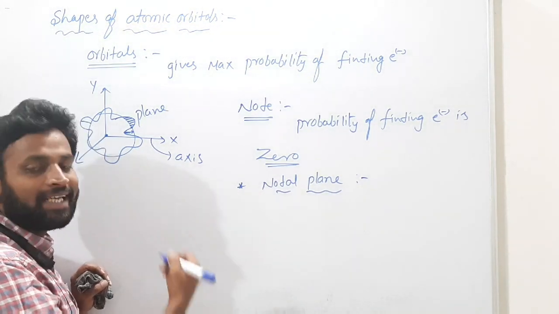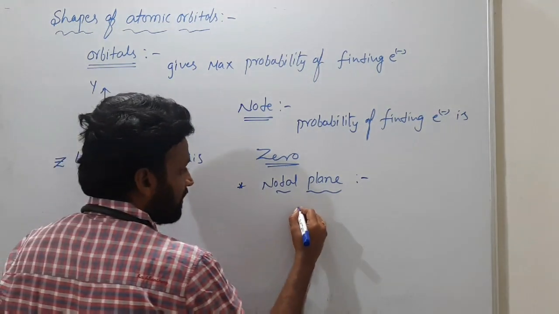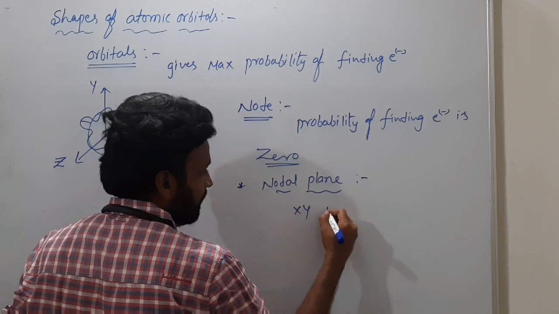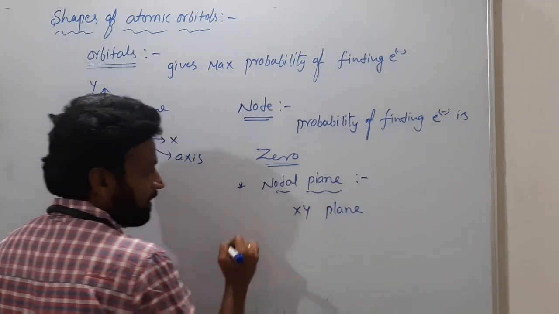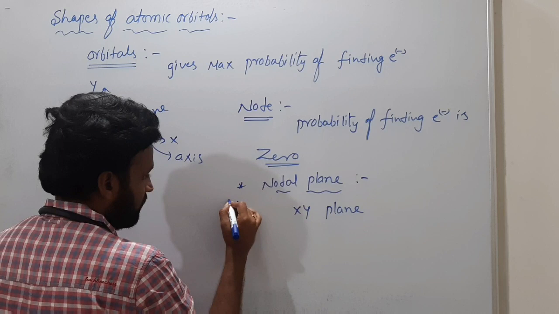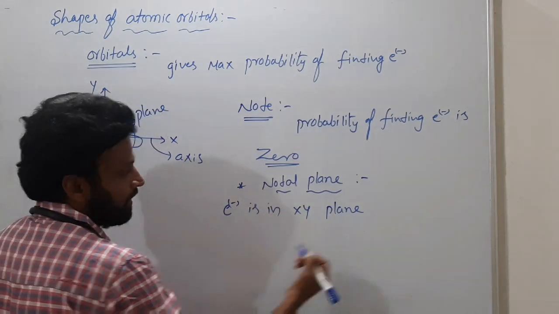Suppose the electron is in the xy plane.